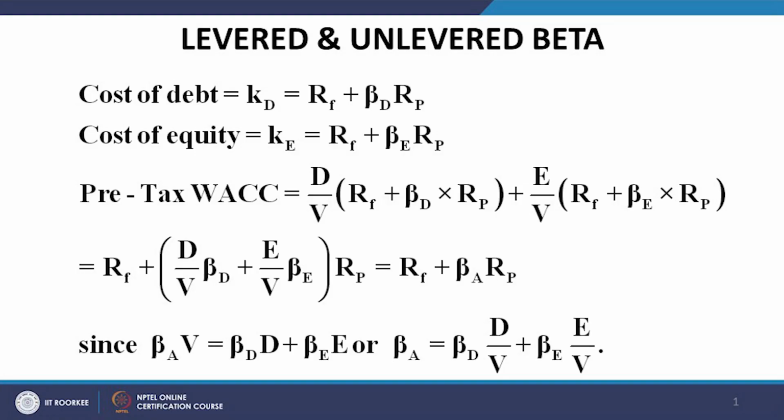Levered and unlevered beta can be explained in a very straightforward manner, as shown in the slide using the CAPM model. I shall not devote much time to this. It is quite straightforward. The formula for the unlevered beta mirrors the formula for the unlevered cost of equity that we worked out in equation number 3 a few minutes back.